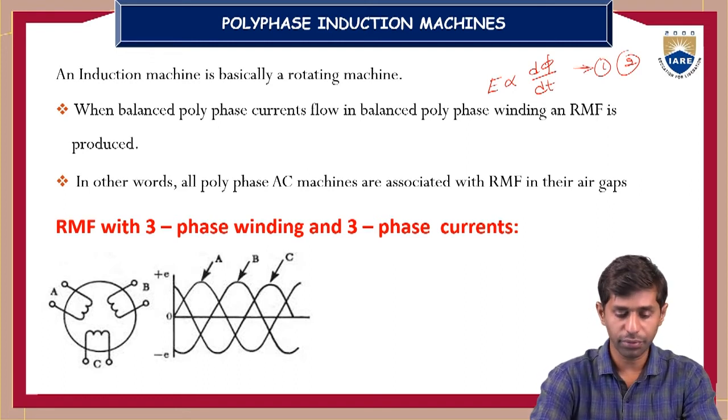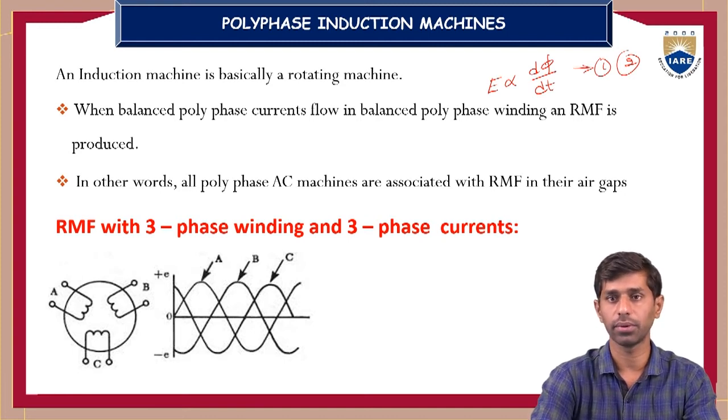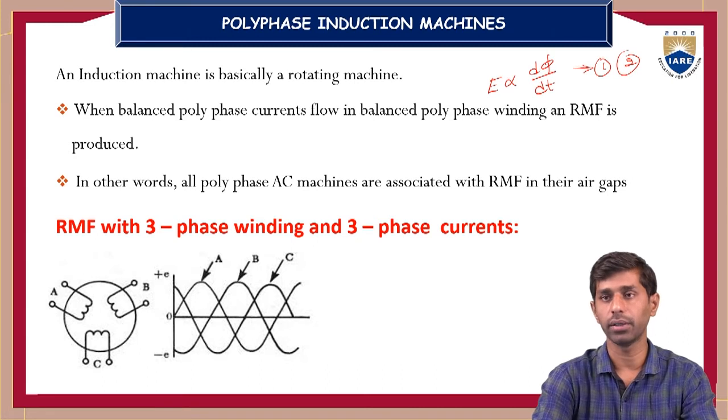When a balanced three-phase or polyphase supply is connected to three-phase windings, whether star or delta connected, for example, I am assuming a balanced three-phase supply connected to a star connected three-phase winding, it will produce a rotating magnetic field with a constant magnitude.